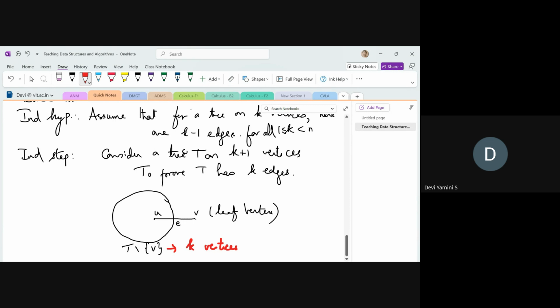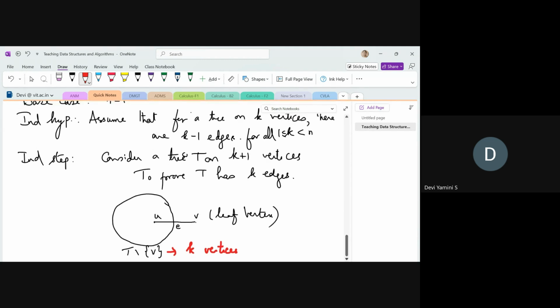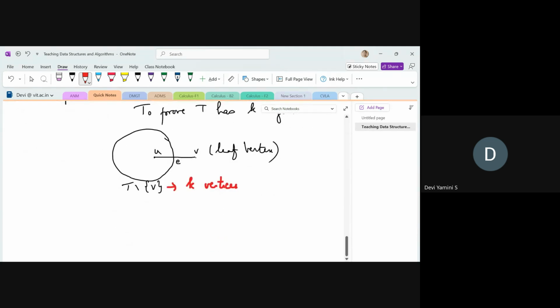Now we deleted one vertex from the tree, so it's now going to contain k vertices. Got it? And in the previous step, the induction hypothesis, we assumed that any tree on k vertices contains k minus 1 edges. So this is going to contain k minus 1 edges.